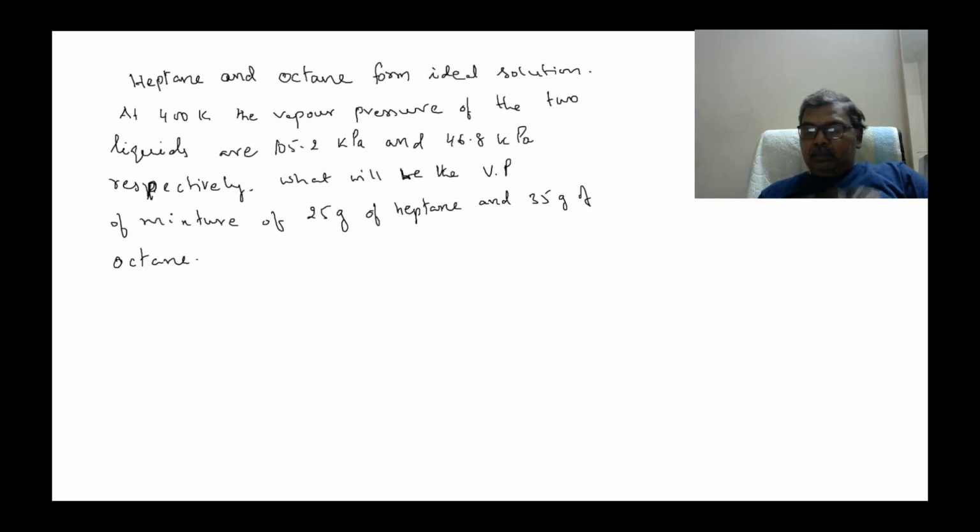Heptane is C7H16, so molecular weight is 100. Octane is C8H18, molecular weight is 114. Right?